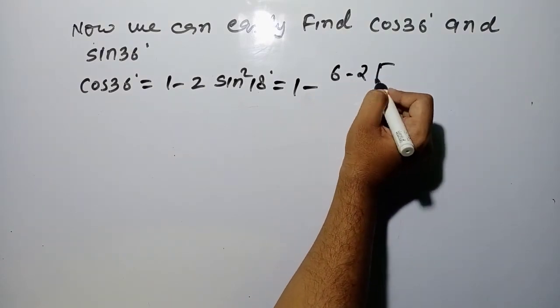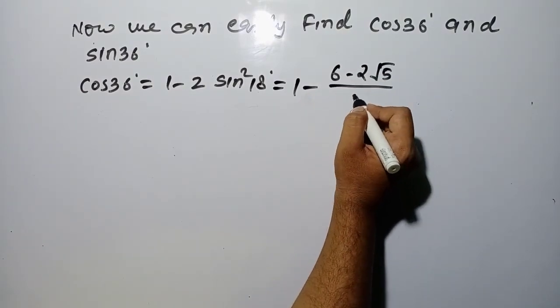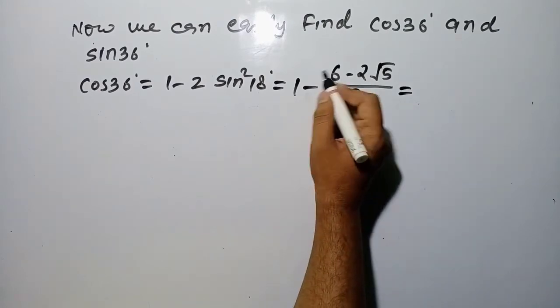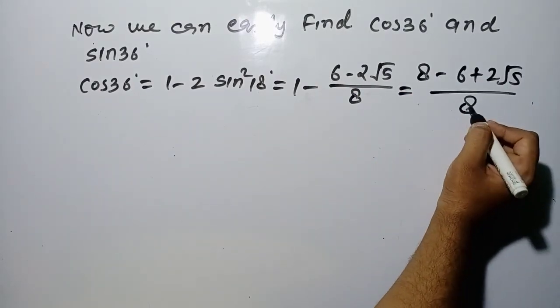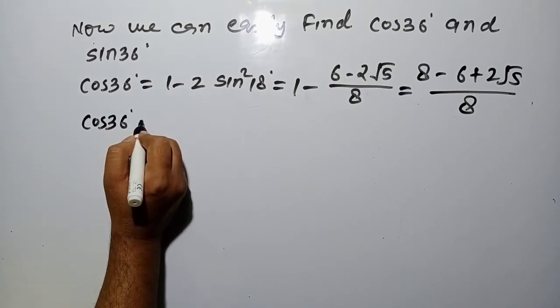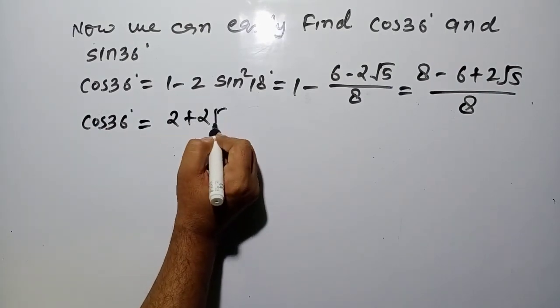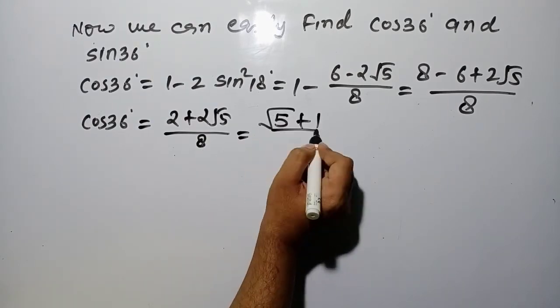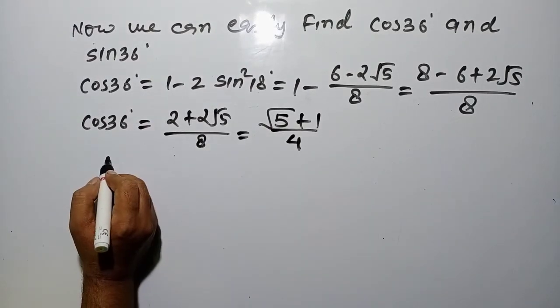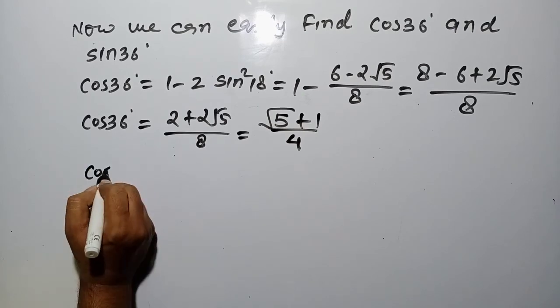Applying the formula of cos 2 theta. So we know the value of sin 18 degrees. Putting the value of sin 18 degrees and simplifying these things, it is very easy for you to do this labor work. So after simplifying, the value of cos 36 will be what? Root 5 plus 1 by 4.